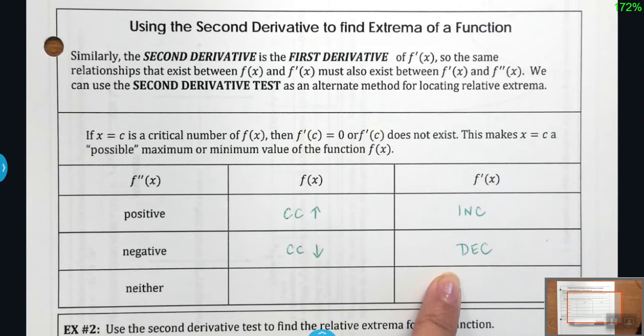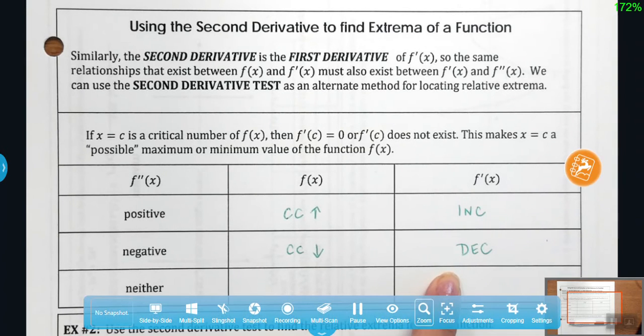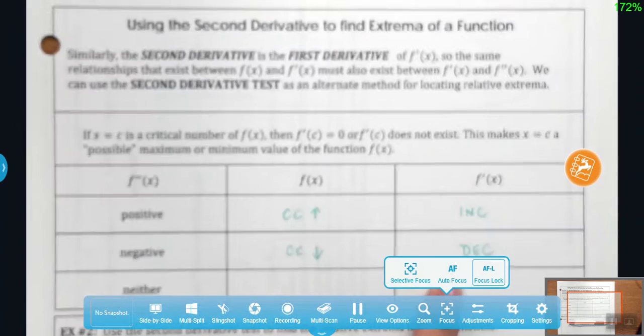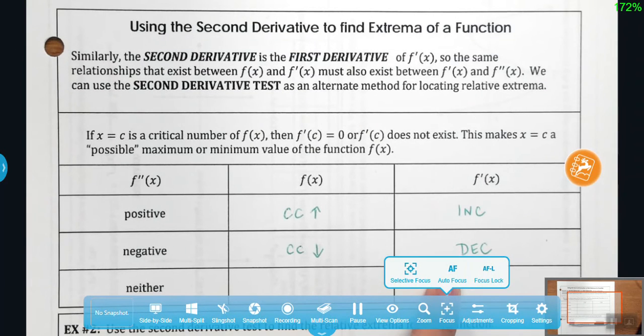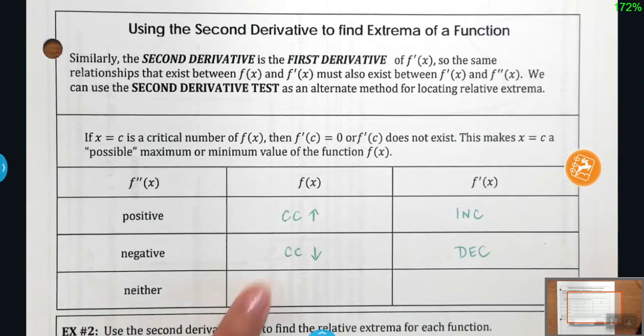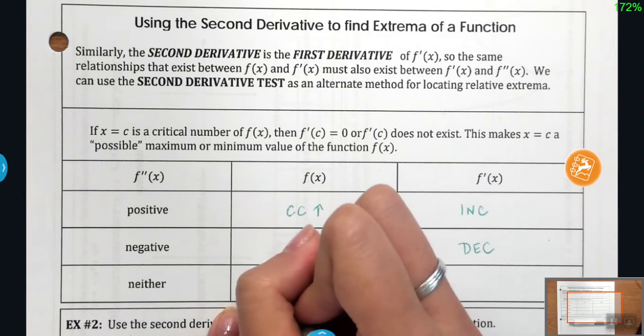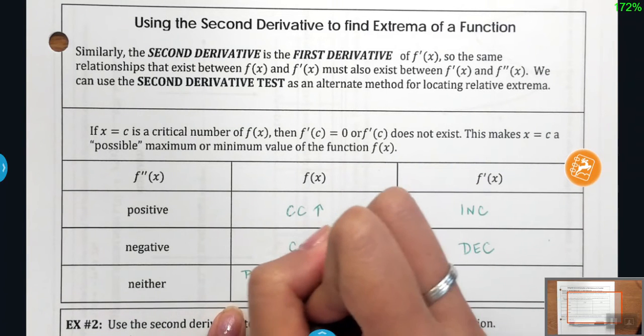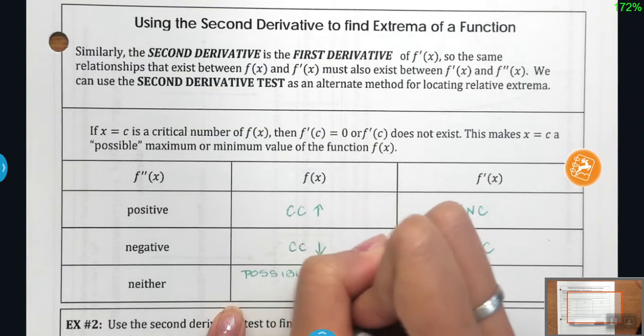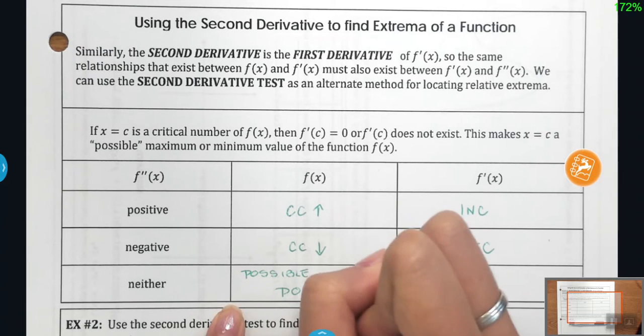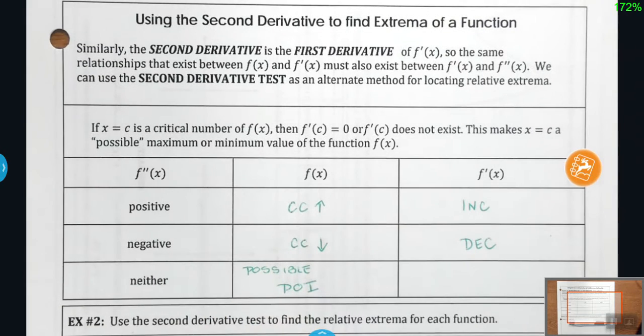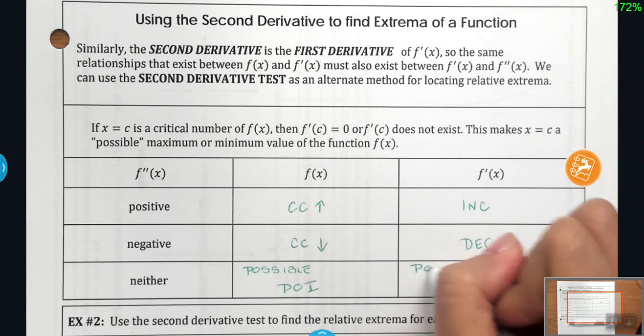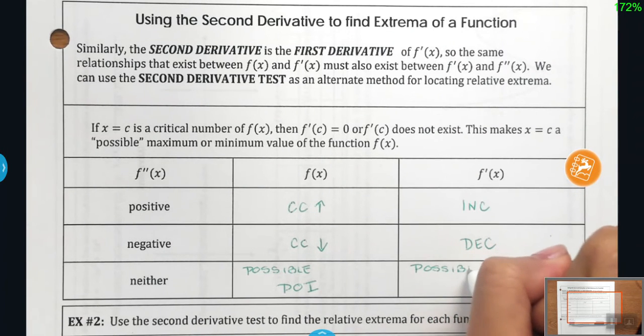And if the second derivative is neither, then the original function has a possible point of inflection, right? And then the first derivative has a possible max or min, right?